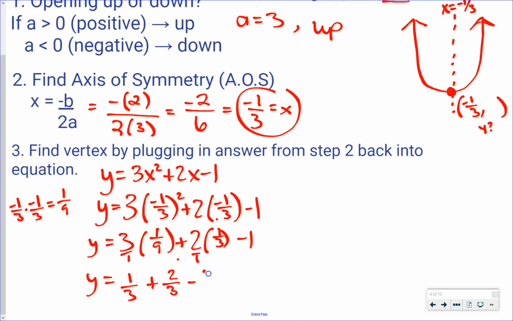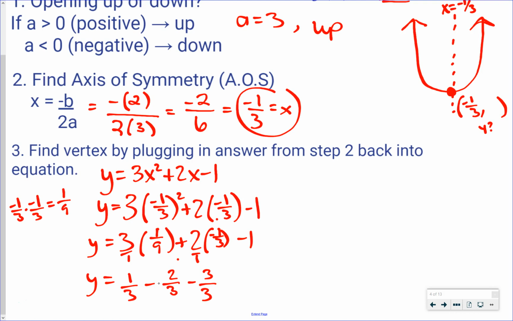Now, if I write it like this, how come I rewrote 1 to be 3 over 3? What was the point of that?